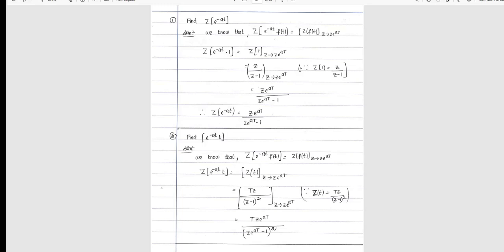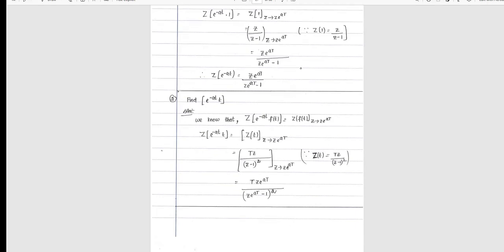We have done Z of 1 already, which is equal to z over z minus 1. You got it? Because we are doing it for e to the power minus at, obviously we will get positive. That is why we have this. You got this step? You got the top row?